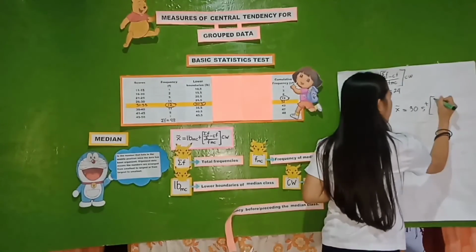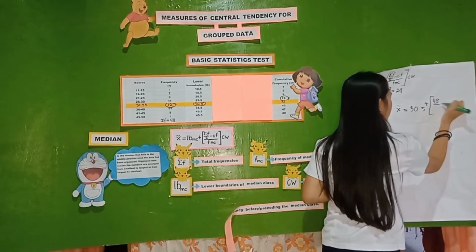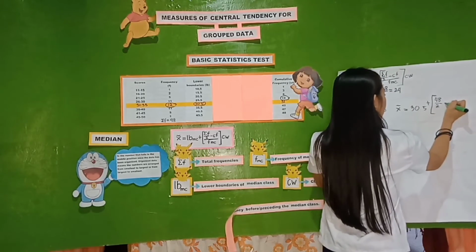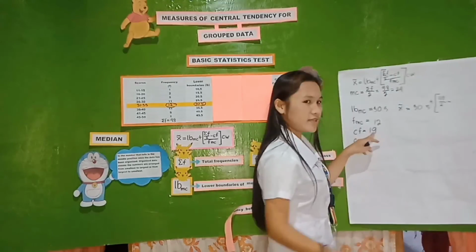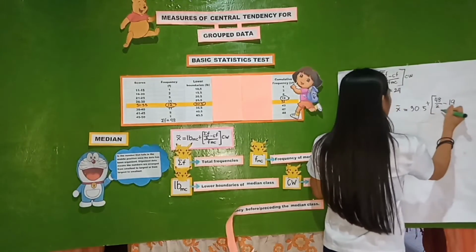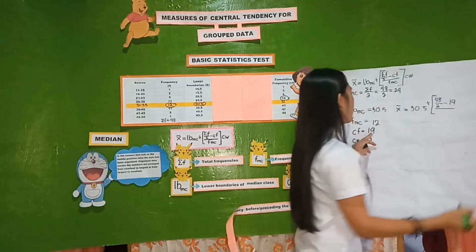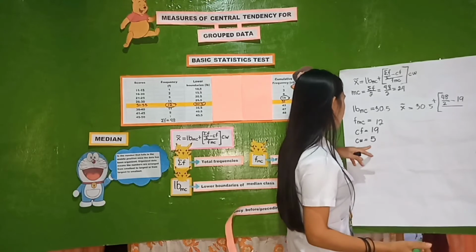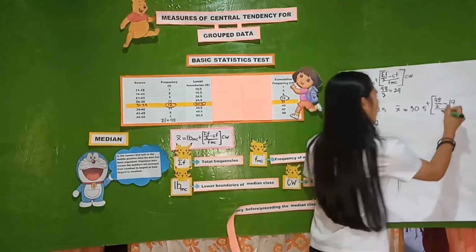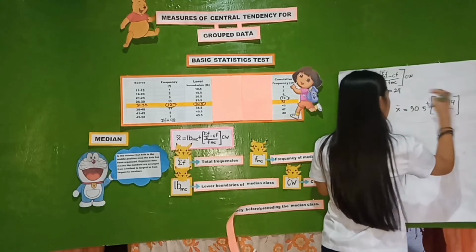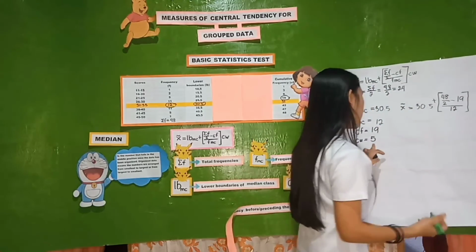So we will use 48 over 2 minus CF or 19 over frequency of median class or 12 times the class width. Class width is 5.